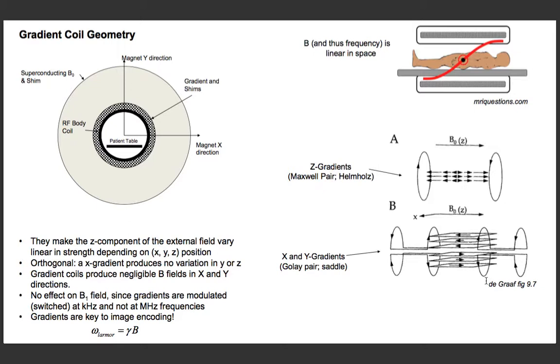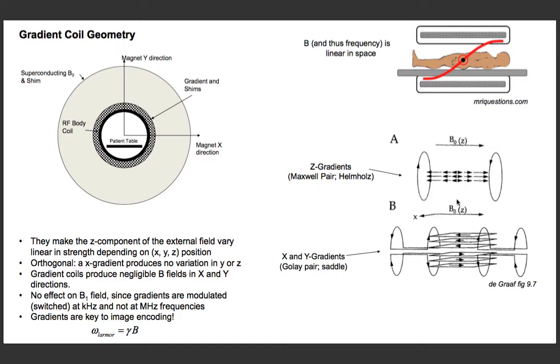It's important to note that when I put on the z gradient here, what I'm trying to do is increase the z component of B0 and decrease it as a function of space. These coils, if implemented correctly, do not cause an x component or a y component. They're just adding or subtracting the z component of the field as a function of space. Same thing with the x's and y's.